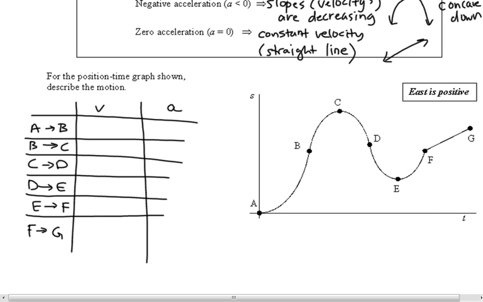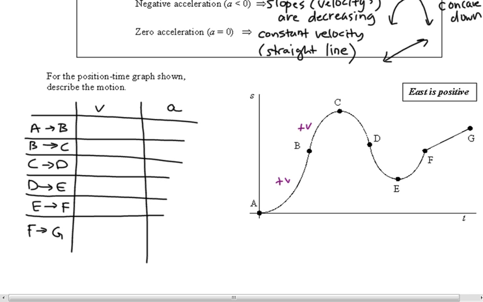First we're going to describe when our velocities are positive. On a position time graph, if it's going uphill, it's positive velocity, downhill, negative velocity. Positive slope, positive velocity, negative slope, negative velocity. From A to B, we have positive velocity. How about B to C? Is it uphill still? We're not doing acceleration, we're just doing velocity. So it's uphill. At C, it's actually 0, so we don't have to worry about it.